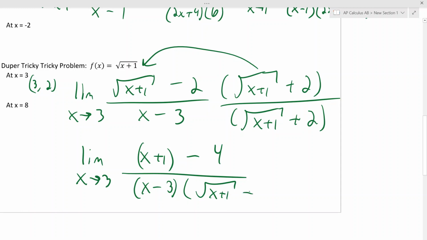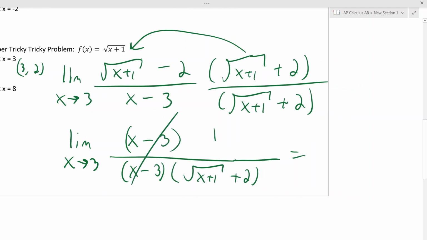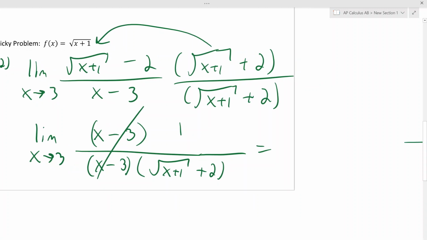We're not going to multiply that out because remember, our goal was to cancel out the x minus 3. And look at this. x plus 1 minus 4 happens to be x minus 3. And they cancel out. So there's a 1 on top. So our slope boils all the way down to this thing. Okay, and if you plug a 3 in there, it's going to tell us where it's going. And that will be 1 over √(3 plus 1), that's a 4. So 1 over 2 plus 2 is 1/4.